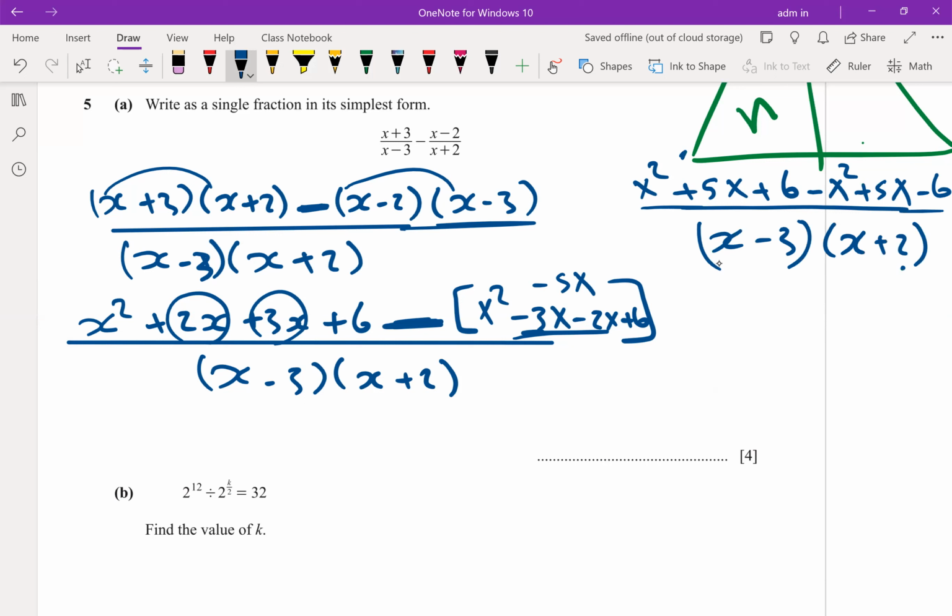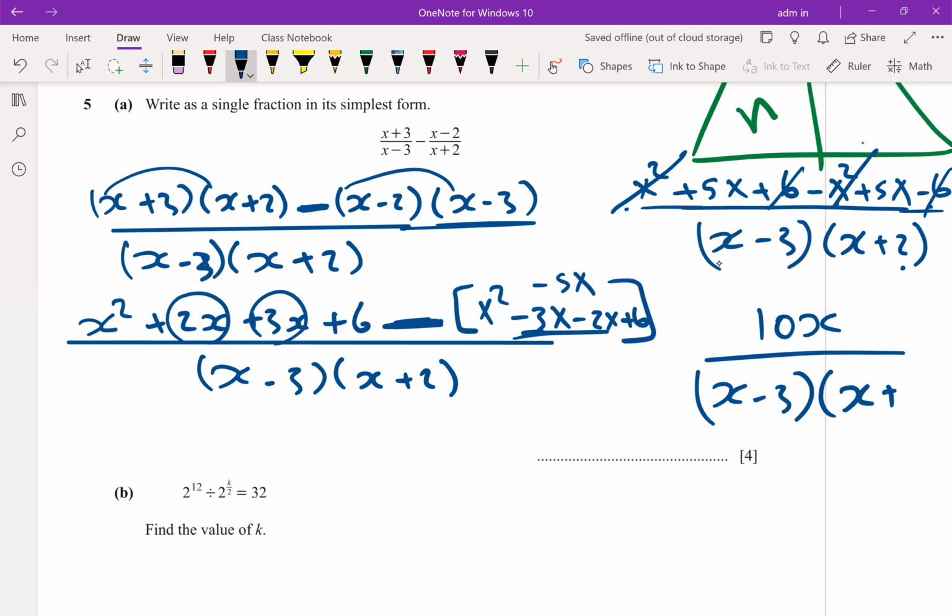Simplify: x squared minus x squared. 5x, negative 6, positive 6, 5x plus 5x, 10x, divided by (x minus 3) multiplied by (x plus 2). You can keep your answer like this. If you expand the denominator, it's accepted, but it has to be correct.